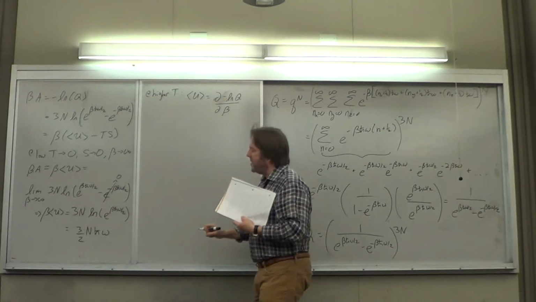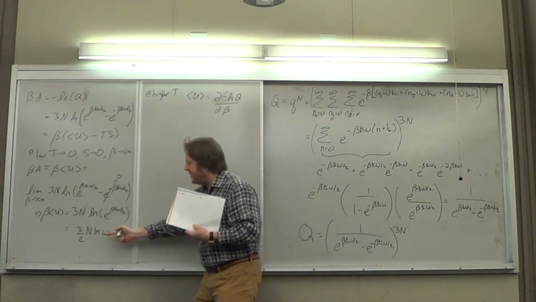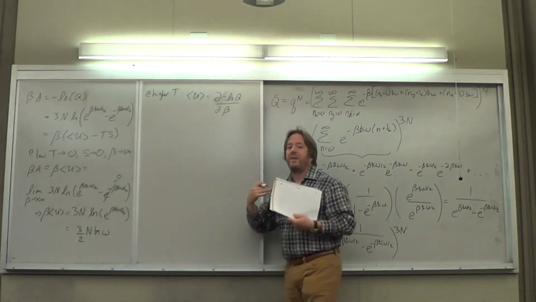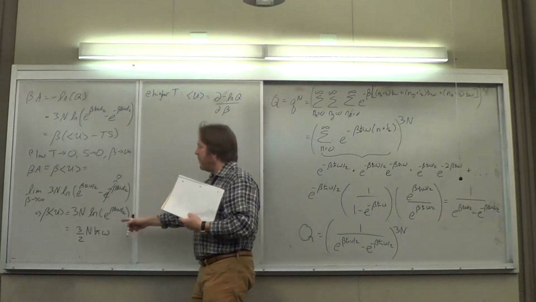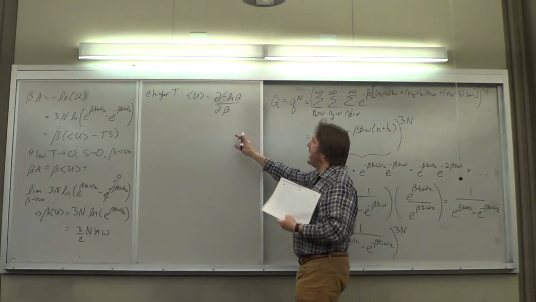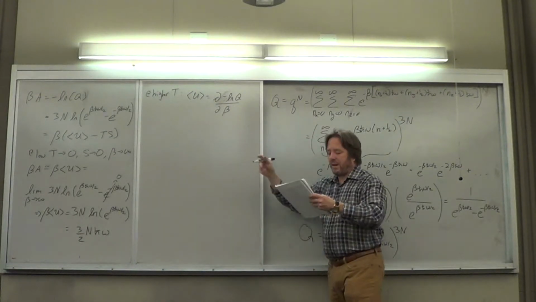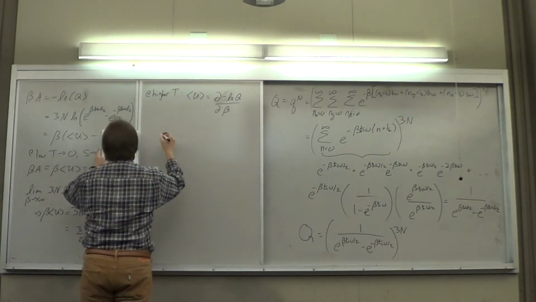This tells me the internal energy at 0 K, but that doesn't give me heat capacity. I need to see temperature in here because I have to take the derivative with respect to temperature to get heat capacity. It's not in here, but why would it be? I took the limit of T to 0. So now I have to inject some finite temperature, and that means I basically can't use that approximation I just used.